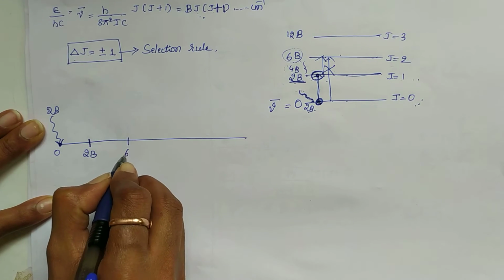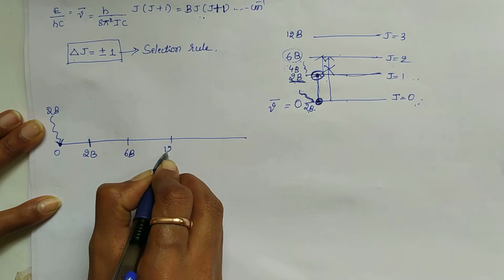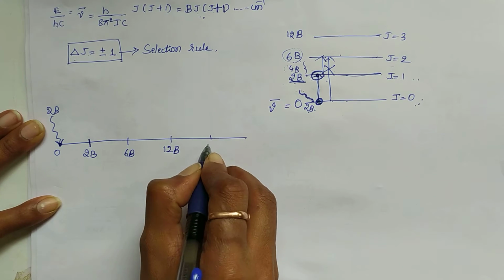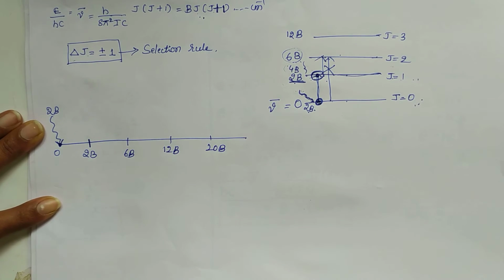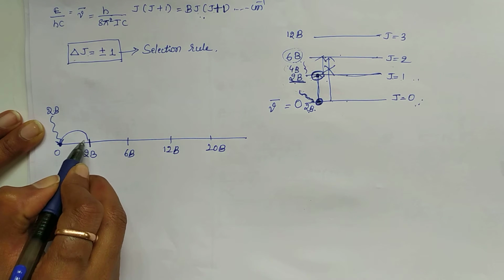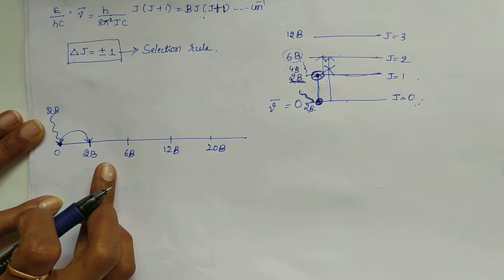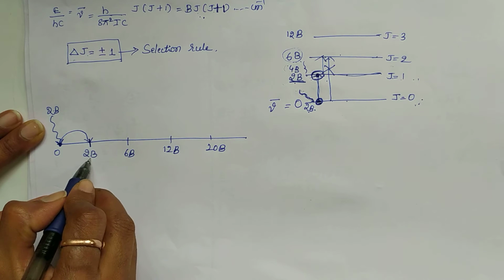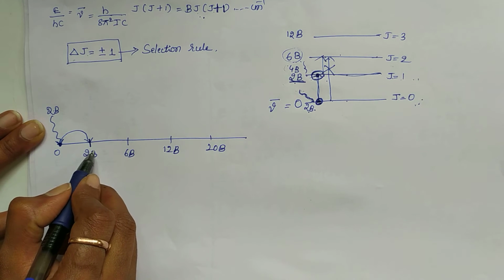The next ones are 6b, then 12b, then 20b. The molecule absorbs 2b and makes the transition to the next energy level, so it comes to the first energy level, 2b.